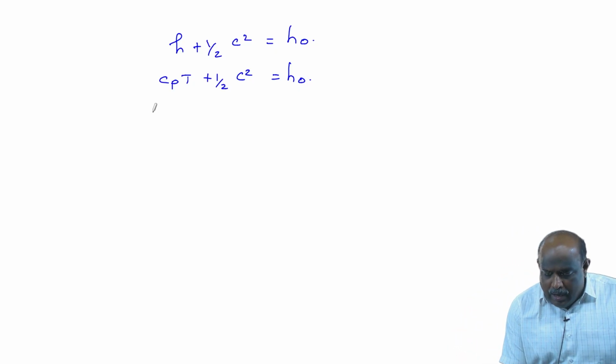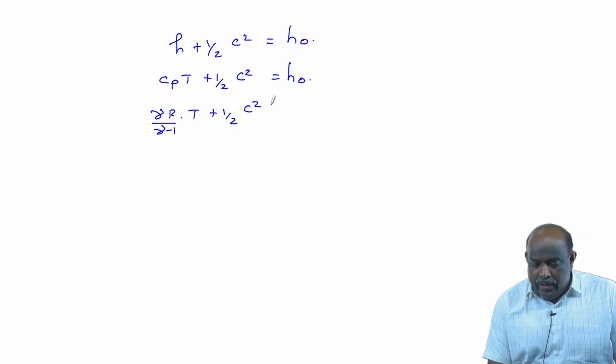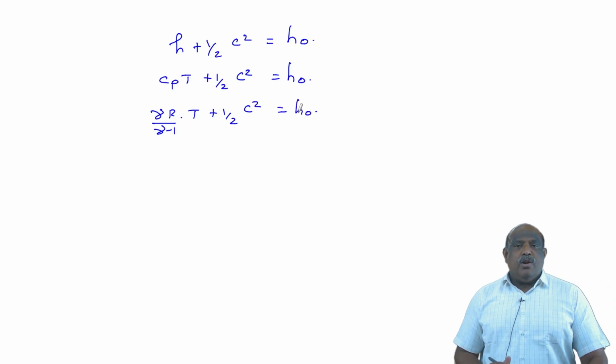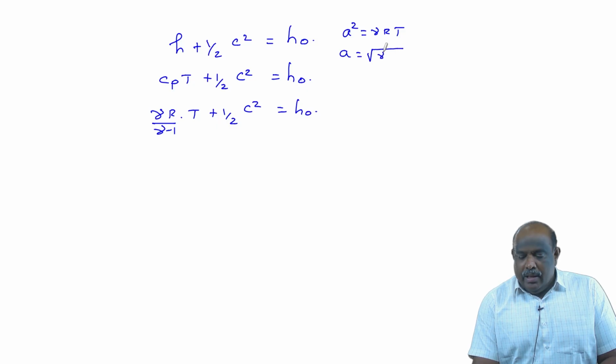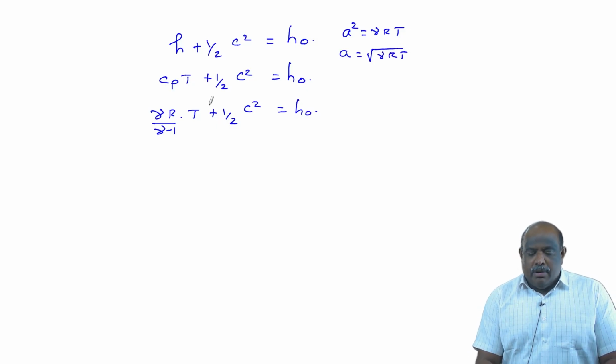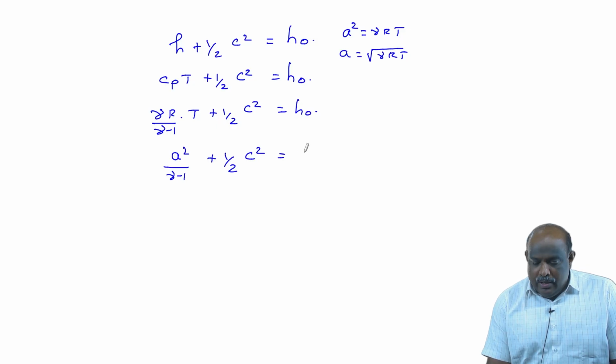So it is gamma R by gamma minus 1 into T plus half C squared equal to H naught. What is this gamma R T? You are right, it is nothing but A squared, or A equal to the square root of gamma R T. So we can see the numerator is A squared. So A squared by gamma minus 1 plus half C squared equal to H naught.